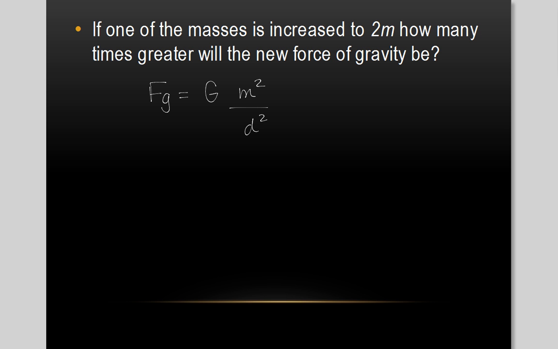And I'm just going to change this m squared to G m times m over d squared, because we're only going to replace one of the masses. So one of the masses is going to get doubled, basically. And then how is this going to affect the force of gravity? So we'll call the new force of gravity Fg prime. And we just have to replace one of them. So I'm going to replace m with 2m.